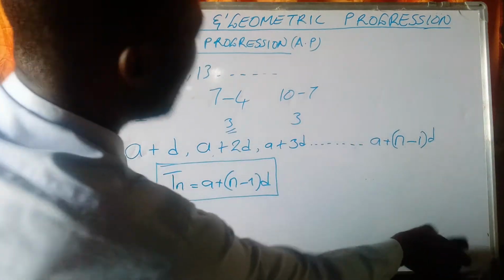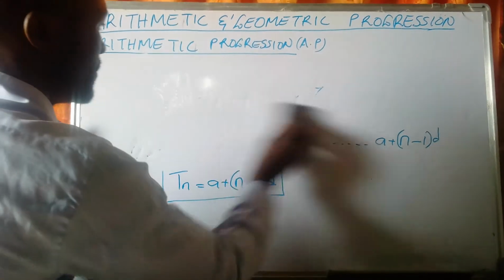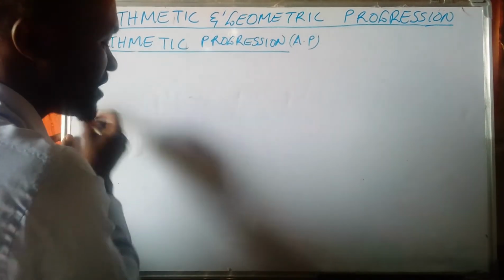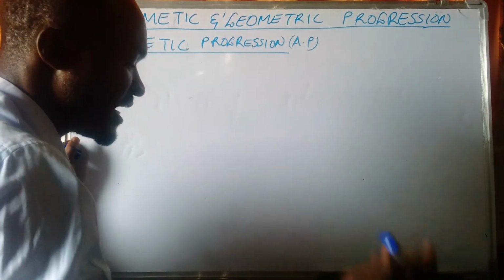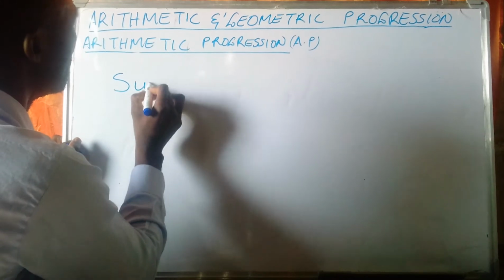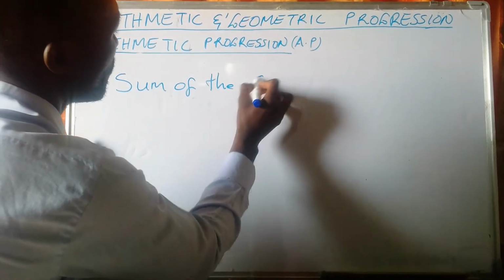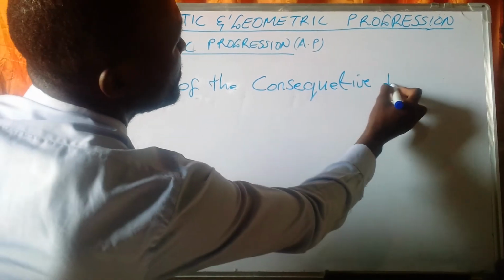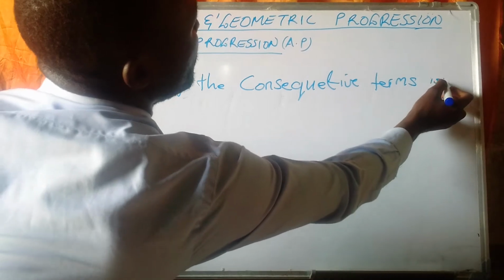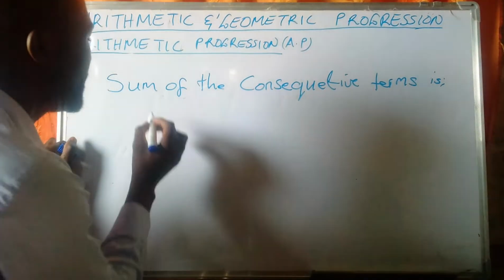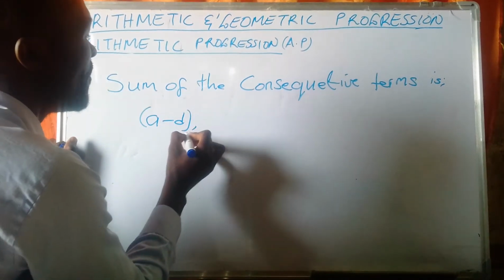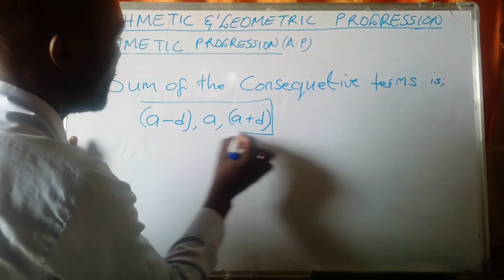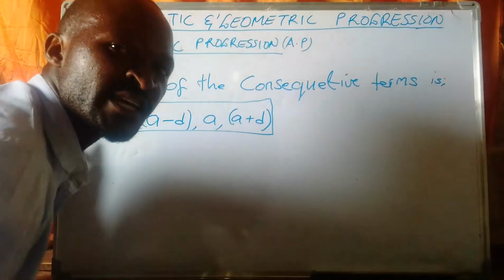If in a question you are asked to find the sum of the consecutive terms given in the sequence, the formula for the sum of the consecutive terms is given as A minus D in brackets, comma, A, comma, A plus D. Therefore, this is the general form for consecutive terms or consecutive numbers of a sequence.